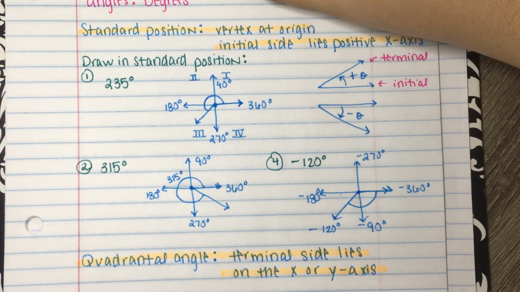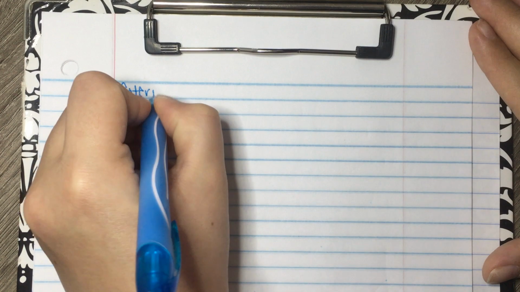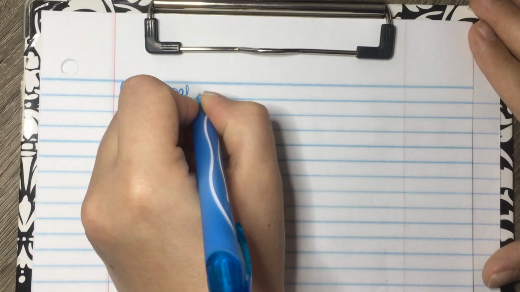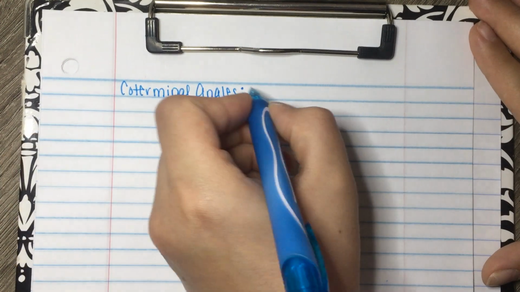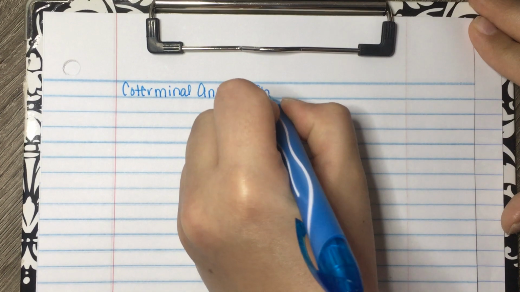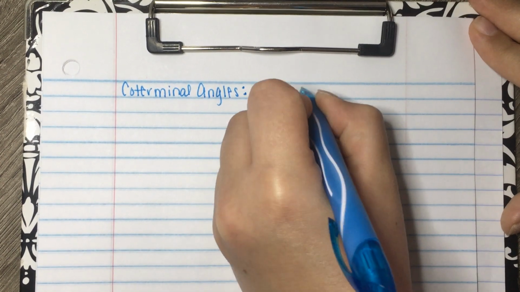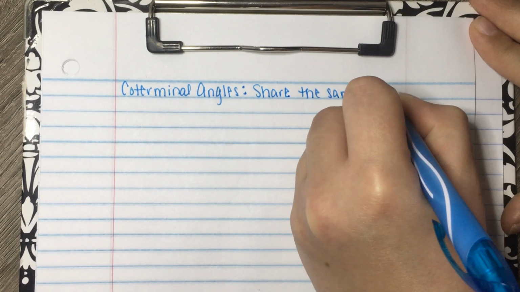All right, now we're moving on, and our next definition is going to be called coterminal angles. All right, I told you at the beginning of the video, a lot of vocabulary here. All right, coterminal angles can be a little confusing at first, but then once you know the rule on how to solve for them, I think they're quite easy. And our definition here is that coterminal angles share the same exact initial and terminal side.